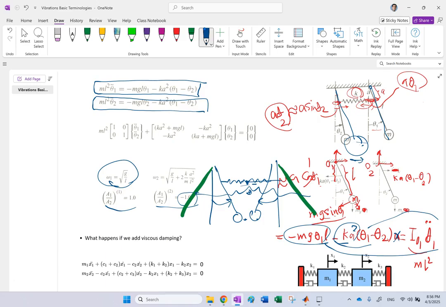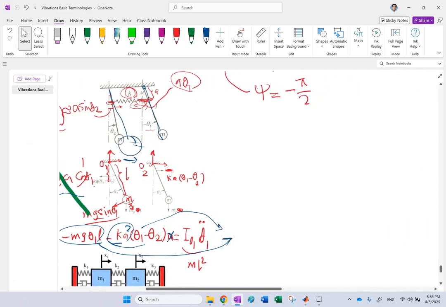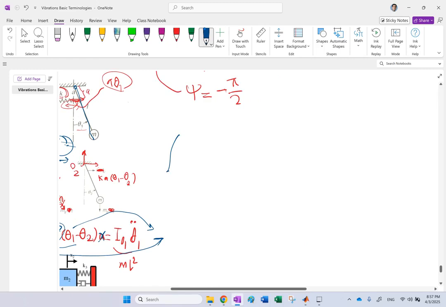But when they are oscillating in sync, they move with the same frequency and with the same amplitude all the time. Now, what kind of solution would you get here? If you want to write down the general format of the solution, what kind of solution would you have here?